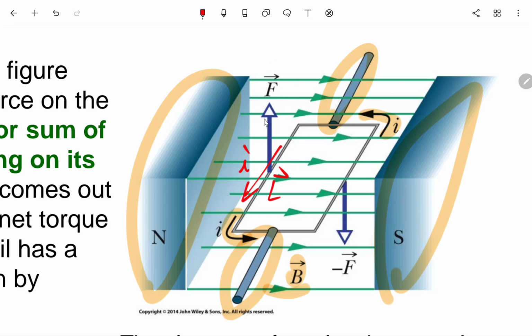This is the direction of F. And then here the current is like this, so L is pointing in the same direction, B is pointing into the page, and then your fingers cross to the right side, so your thumb is pointing downward.